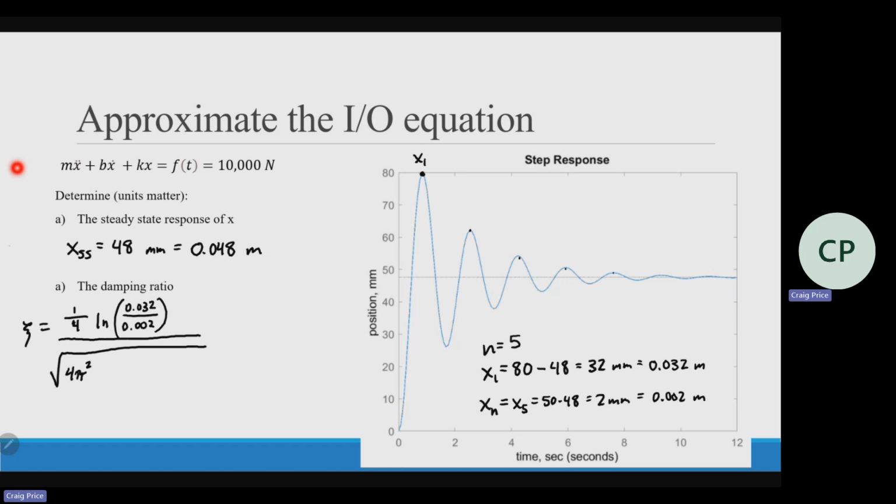That's just 4 times pi squared. Plus, again, we've got the 1 over n minus 1, which is 1/4, natural log. Again, we've got the 0.032 over 0.002. And all of this is squared.